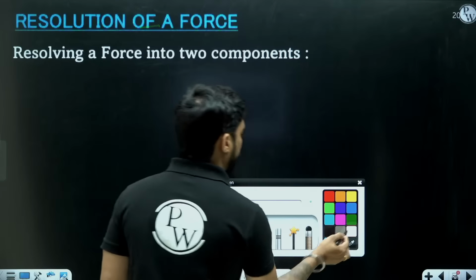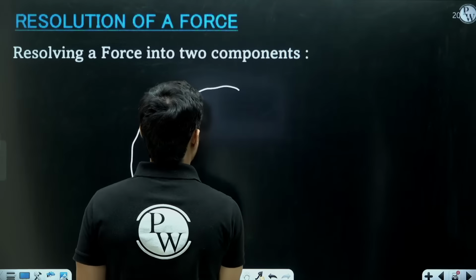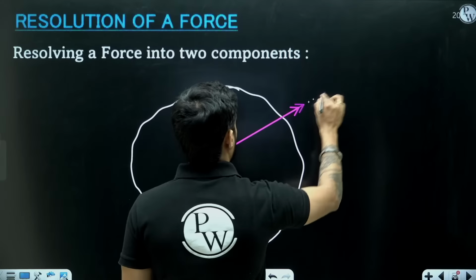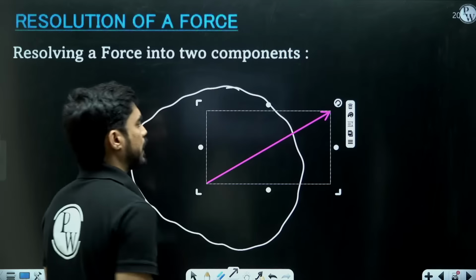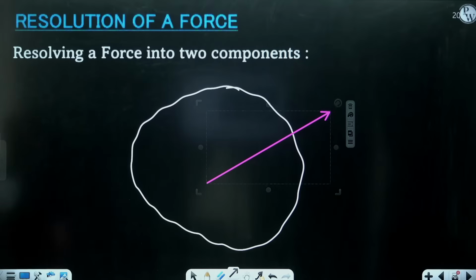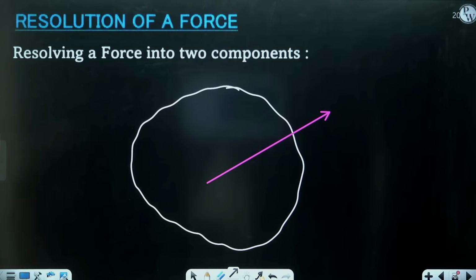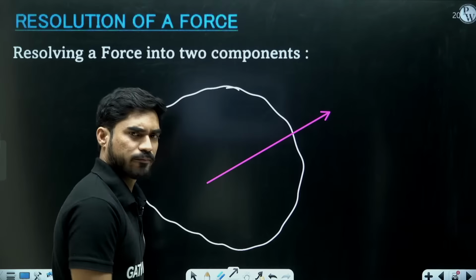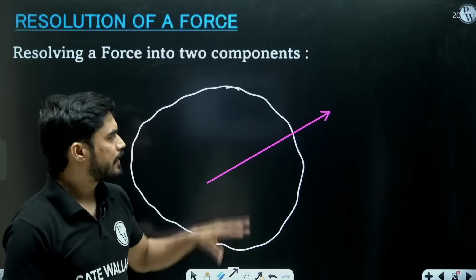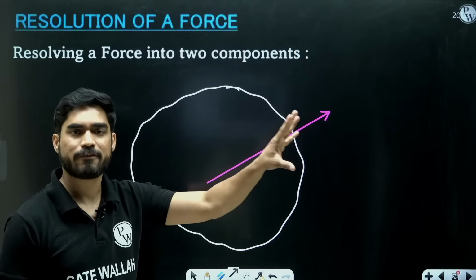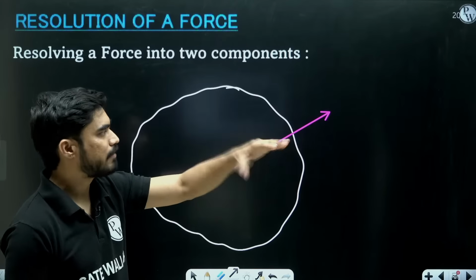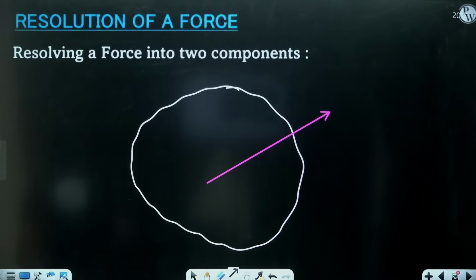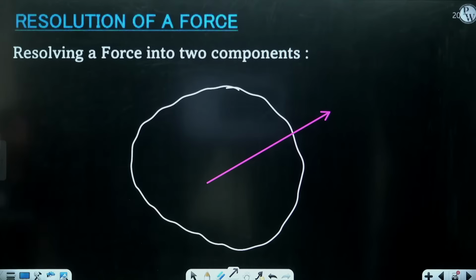In some problems, when a force is acting in a particular direction like this, you might have to break this force into two components. You will find the significance of this in problems. When we solve problems, then you will understand in which case we have to do this. So resolving a force means breaking this force into two components.